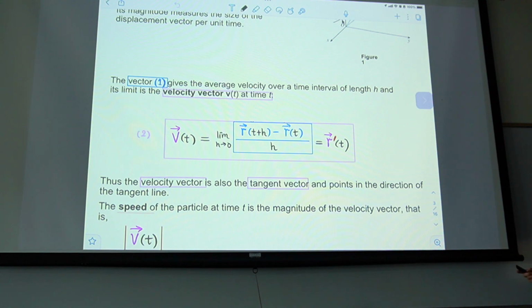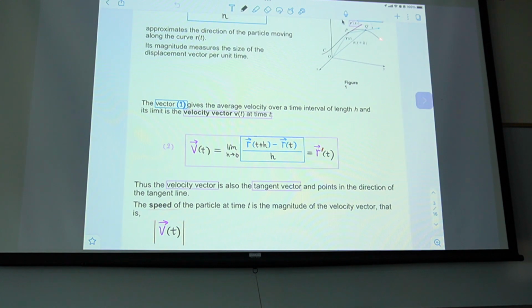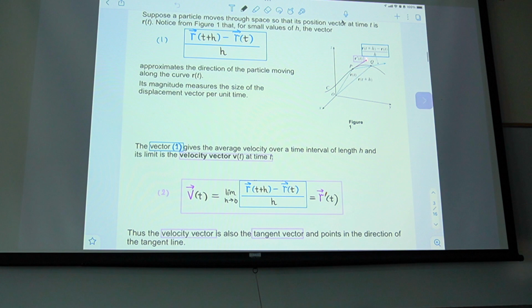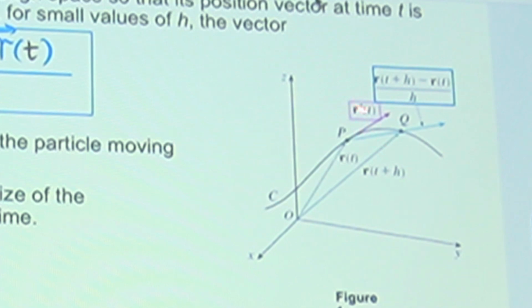Okay, this is now the three-dimensional case. And as you can see here, if you look at the graph, as h approaches zero, this is going to approach r prime of t, this tangent vector right there.